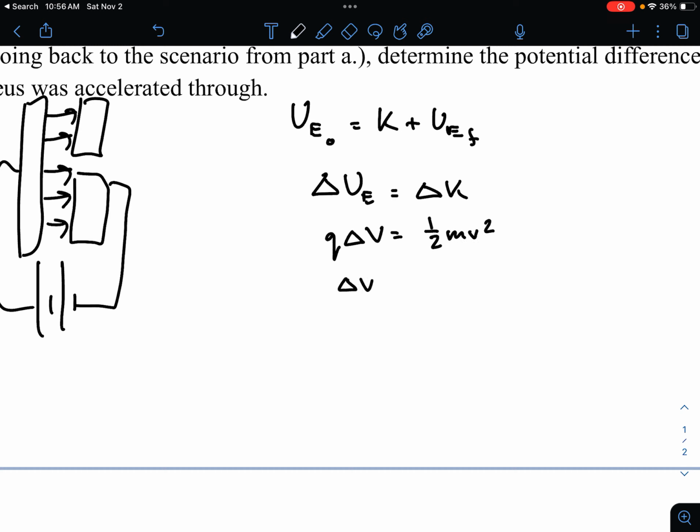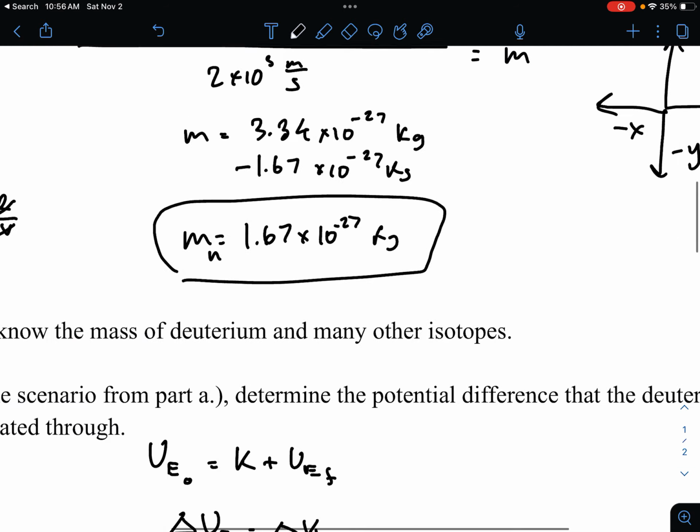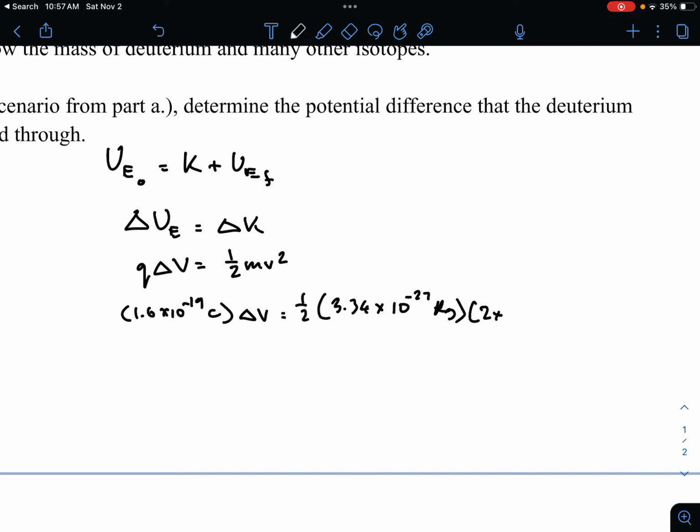So for change in V, I could just really quickly plug things in. 1.6 times 10 to the negative 19th coulombs. Change in V is going to equal 1/2, the mass was 3.34 times 10 to the negative 27th kilograms, multiplied by 2 times 10 to the 5th meters per second squared.